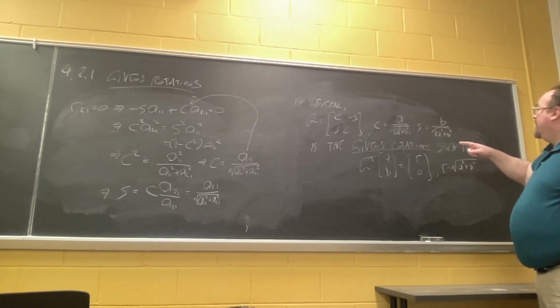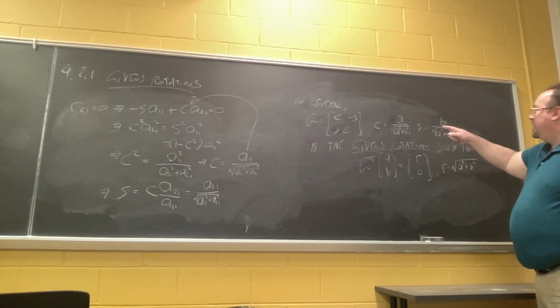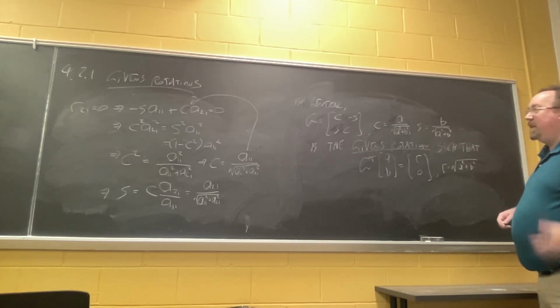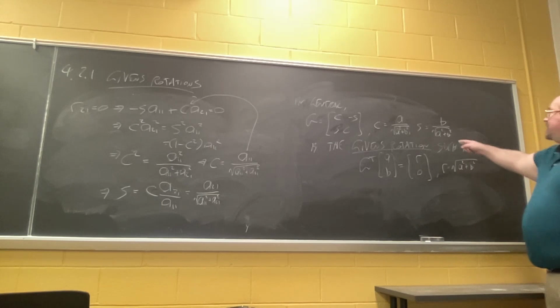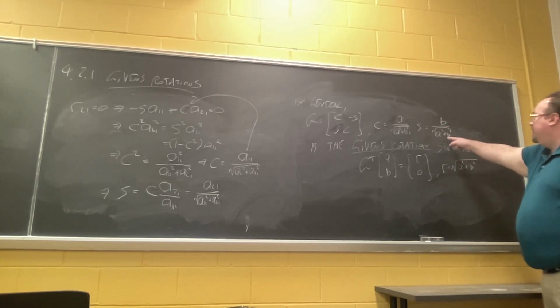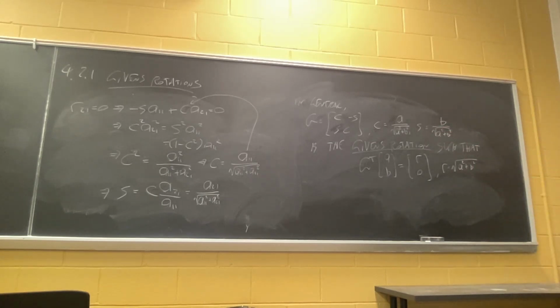Then the cosine would be 0, so the angle would be pi over 2, and S would end up turning out to be the sign of B, because if A is equal to 0, the denominator would be the absolute value of B. So S would be equal to plus or minus 1 in that case.